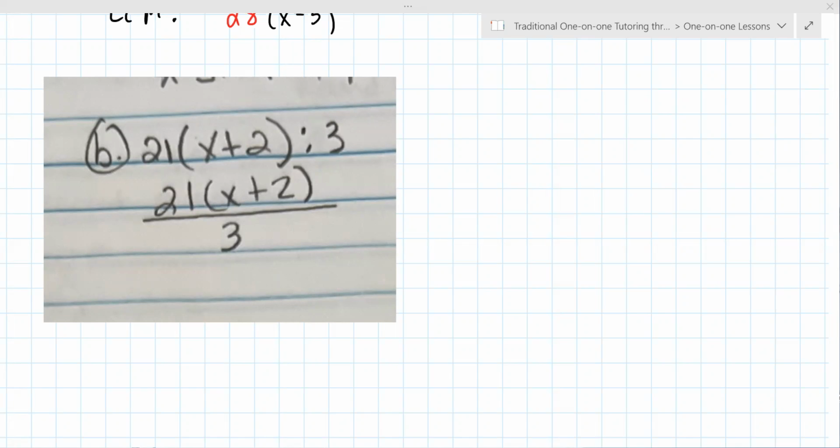Let me see if I can read what the problem says. Section 4.4, number 18. What you put here is slightly different than what I showed you. You're dividing the number into the other one.